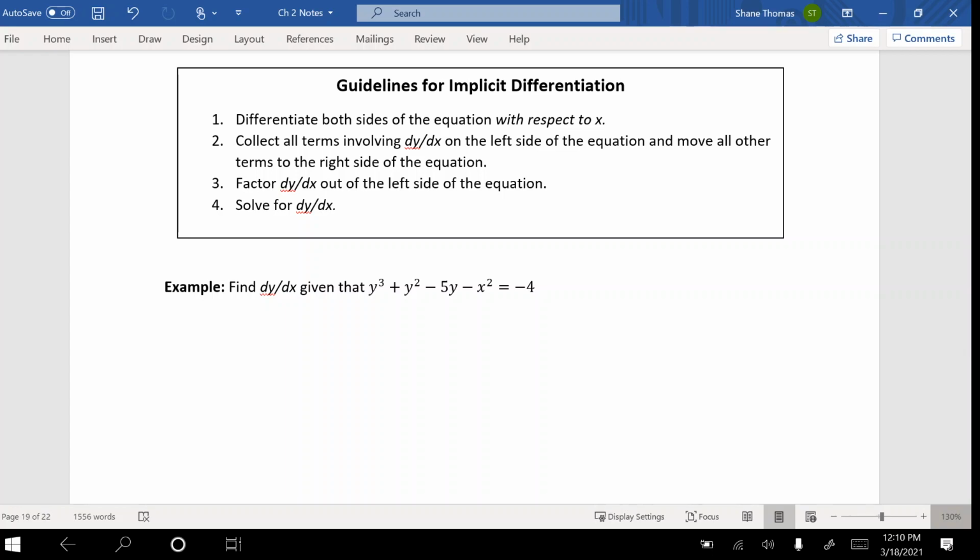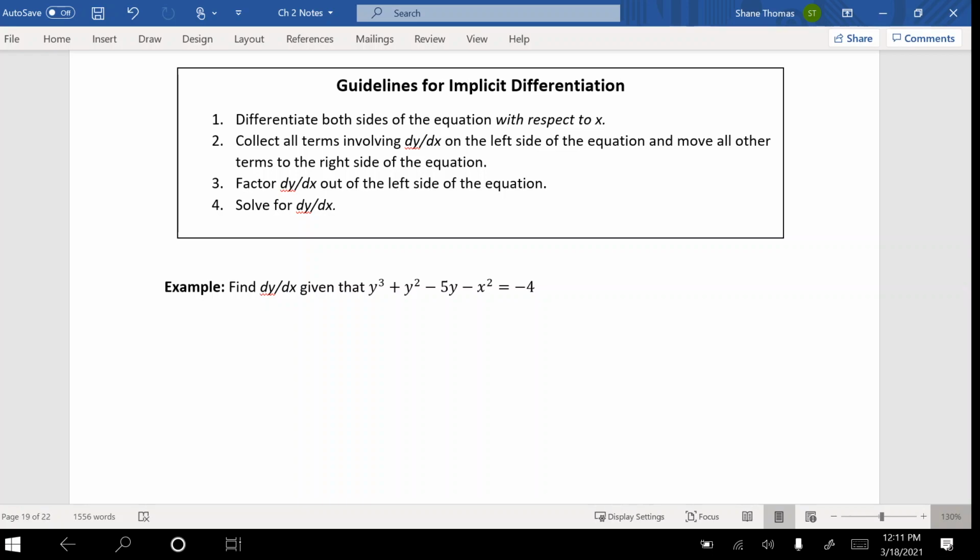To use implicit differentiation, we want to differentiate both sides of the equation with respect to x. Then we want to collect all the terms involving dy dx on the left side of the equation and move all other terms to the right side. Then we're going to factor dy dx out of the left side of the equation and solve for dy dx.